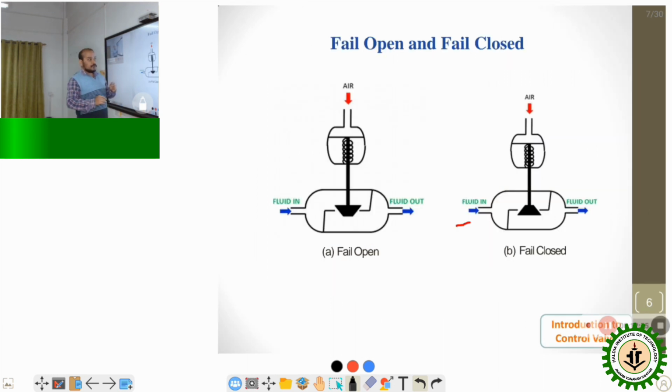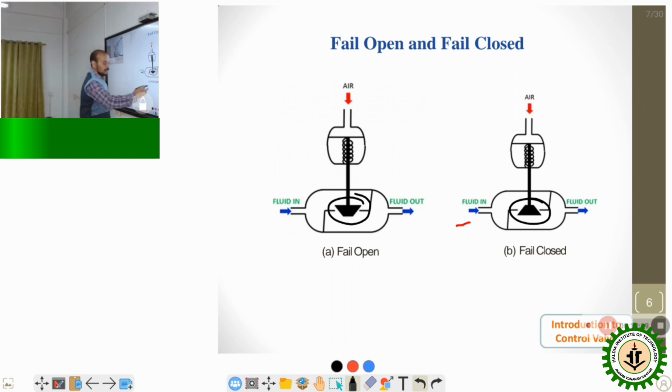From this diagram also we are able to understand fail open and fail closed control valves. You can visualize that both diagrams are similar. The only change, if you observe, is the plug position, or the orientation of the plug, which is opposite.